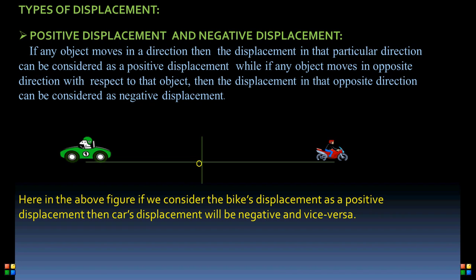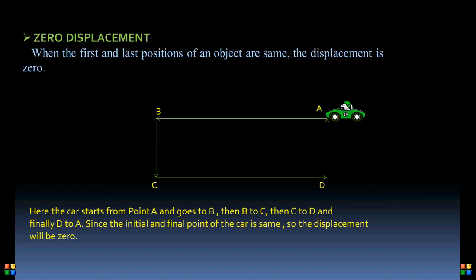Now we have zero displacement. Zero displacement means that if the final and the initial position of an object is the same, then the entire displacement will be zero.